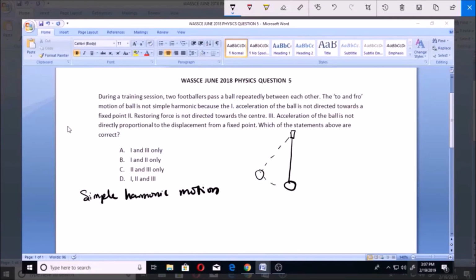And we all know what a simple pendulum is. When you have a rope and you tie a load to it, this is the load. So when you pull this load like this, it's going to make this motion. So it will continue to move like this, and the acceleration of this ball is directed towards the middle. It's making this motion over a fixed point.